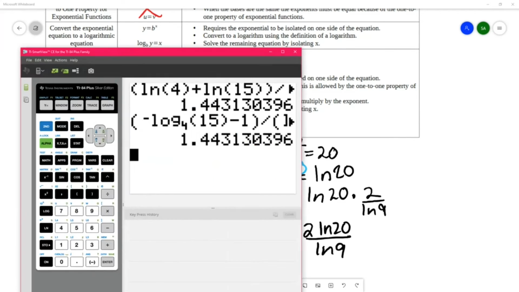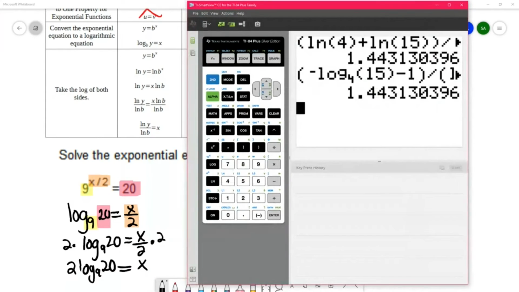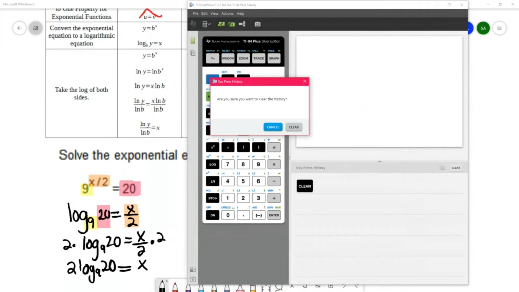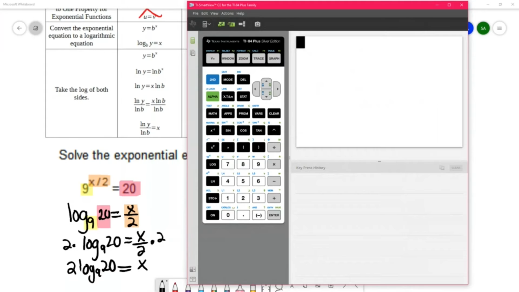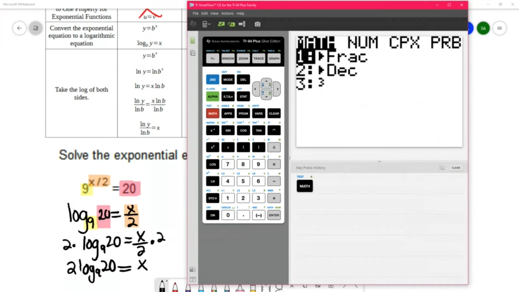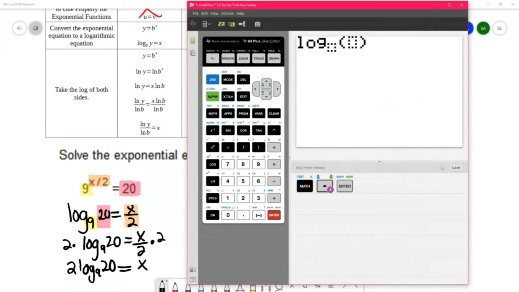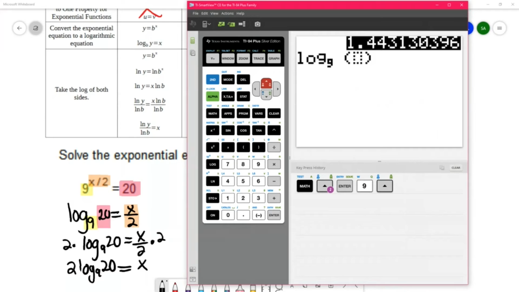So I've got my calculator here, and I'm going to type the log on the left in. Let me clear this out so it doesn't look quite so messy. In the math menu, at the bottom, there's log base. I want to do log base 9 of 20.